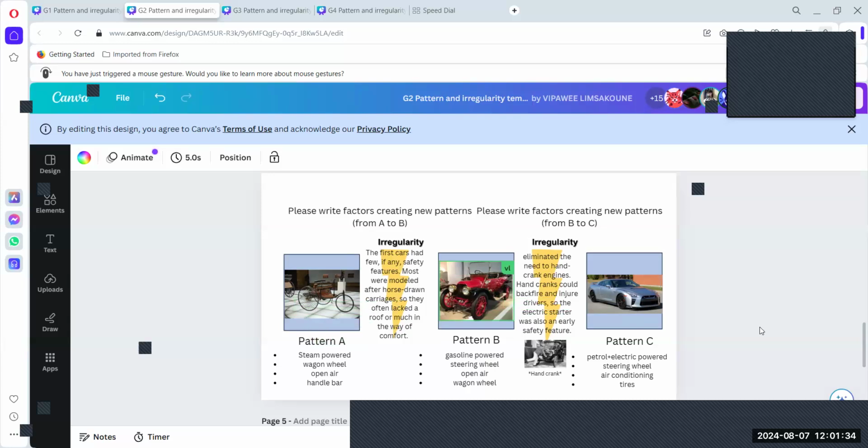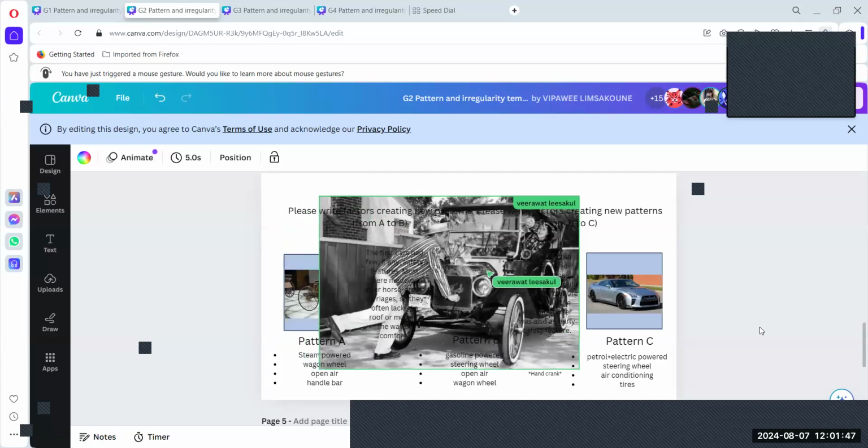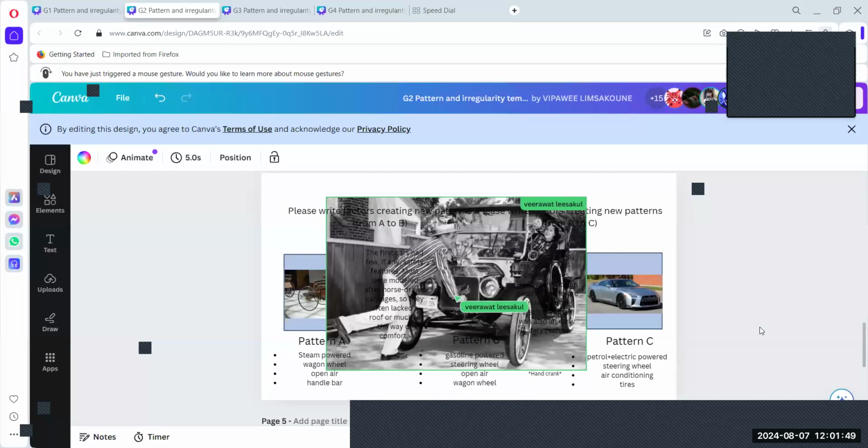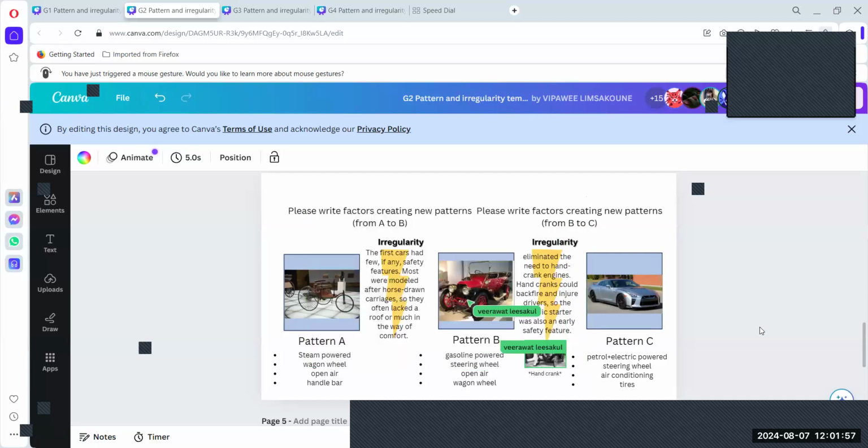Okay, so next, how it changed to pattern C is they eliminated the need for the hand crank engine. For anyone who wonders what a hand crank is, this is a picture of a hand crank. As you can see, this man uses his hand to crank the engine to start the car.